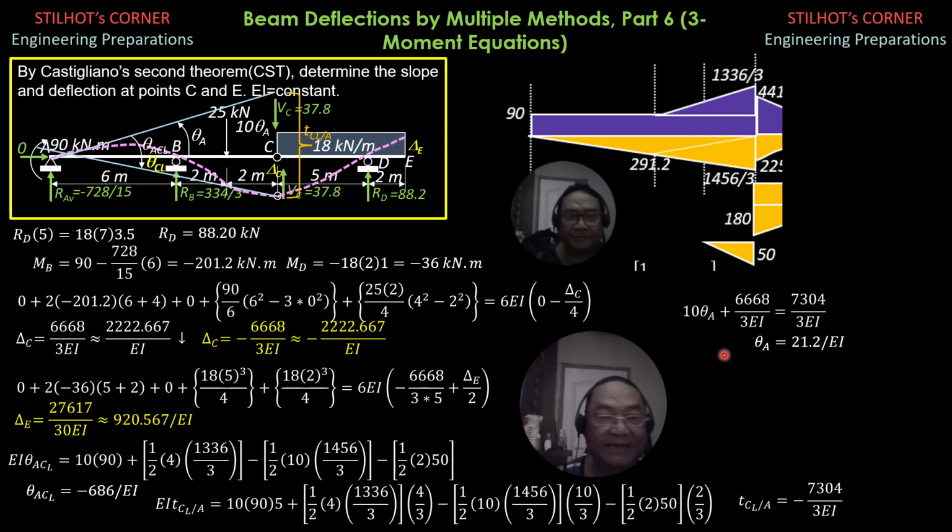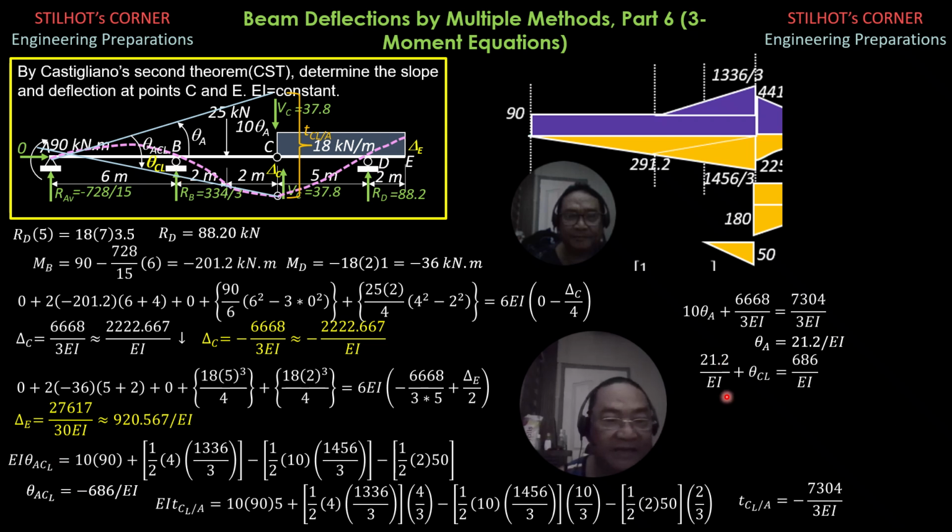Theta A is 21.2 over EI. So from the figure, theta AC left equals theta A plus theta C left. So that is 21.2 over EI.